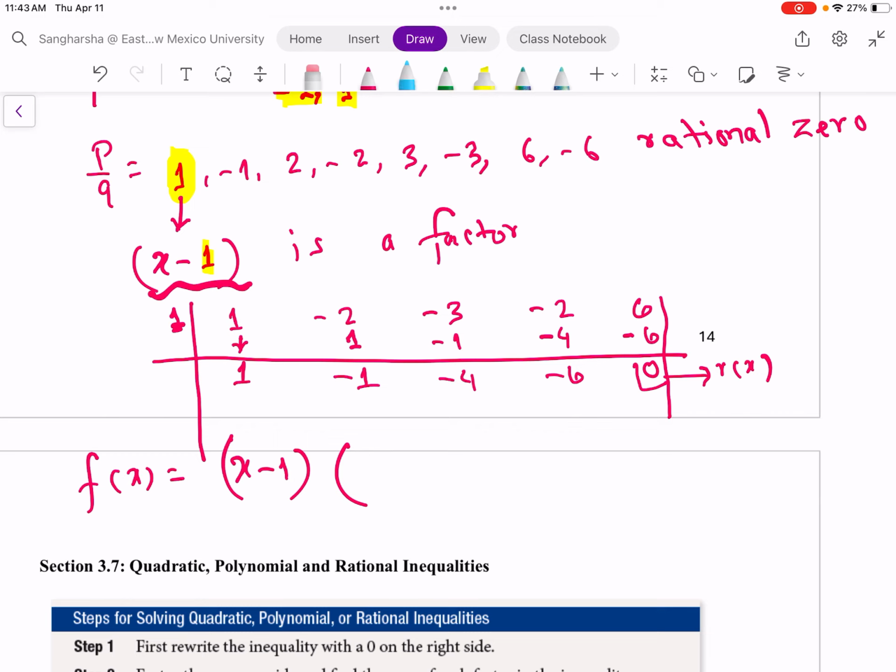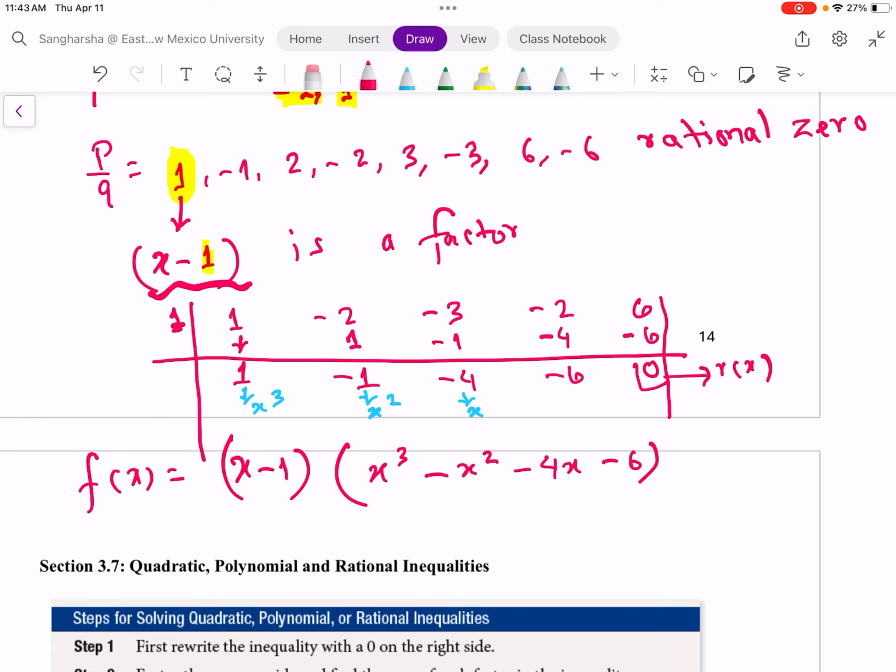In order to have degree 3, our leading term has to be x cube. So this is the coefficient of x cube, this is the coefficient of the square term as you go in descending order, this is the coefficient of the x term, and this is the constant. So we have 1 times x cube, -1 times x square, -x square, -4 times x, -4x, -6. So we have 2 factors.